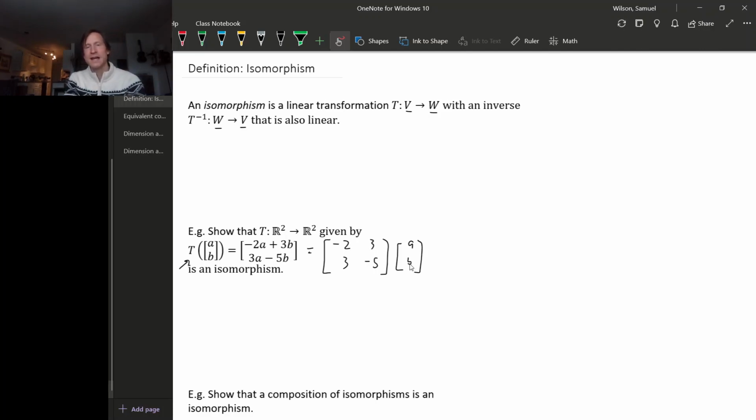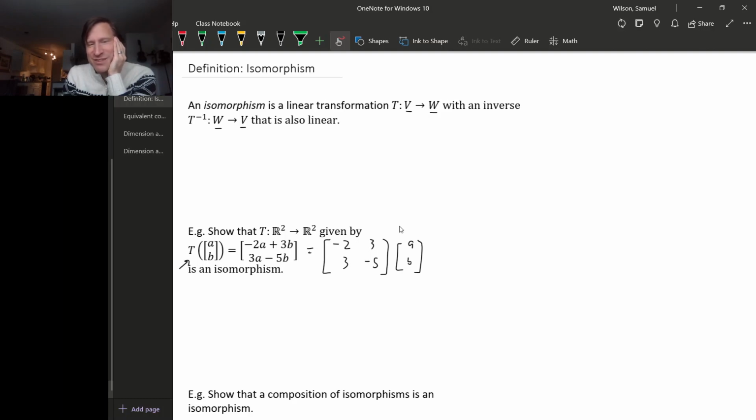Okay, so we want to find an inverse transformation that is also linear. We can basically guess what the right transformation is.